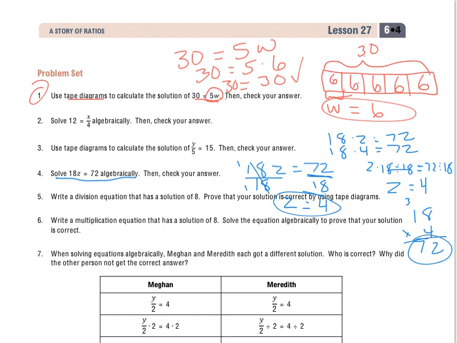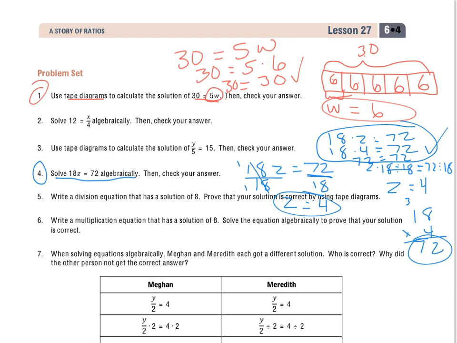So there's the calculation, and that shows that 72 equals 72, and that's my check. So that's number 4. So I've shown 1 with a tape diagram, 1 algebraically, and then just to take a look at 6, I'll get you started with this one.